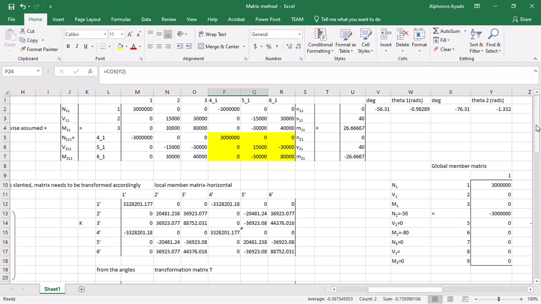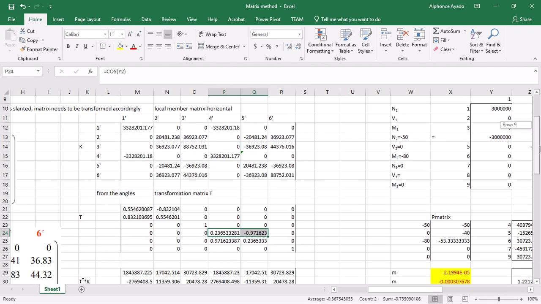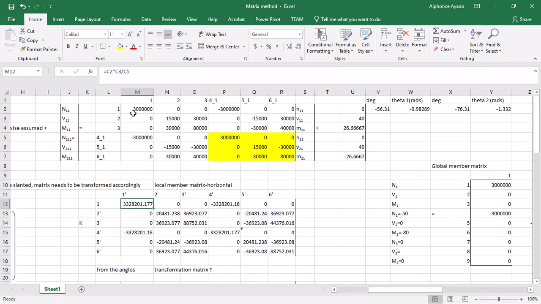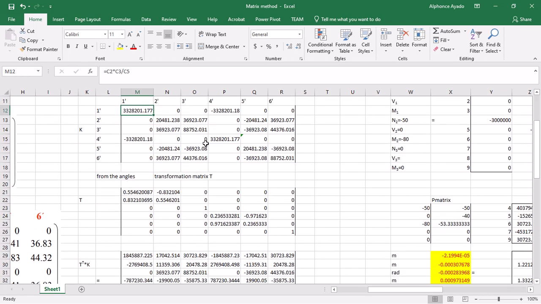And you also need the local member matrix in the horizontal direction before orientation. So just assume the member is in the horizontal direction. So this is the matrix. This is just direct substitution as in the previous case. So I think it is a little straightforward.